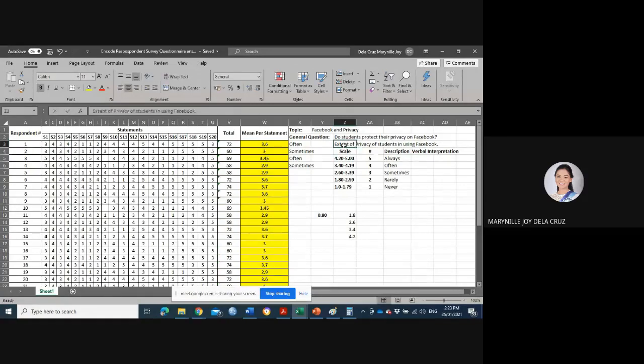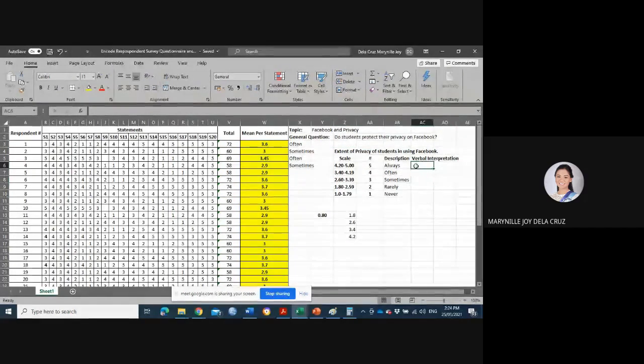And you're talking about extent, meaning studying, siya mag-focus sa privacy. So, my verbal interpretation: extent, in terms of privacy, always. Kamabi, tawin niyo ako ng terminology. Extent of privacy.